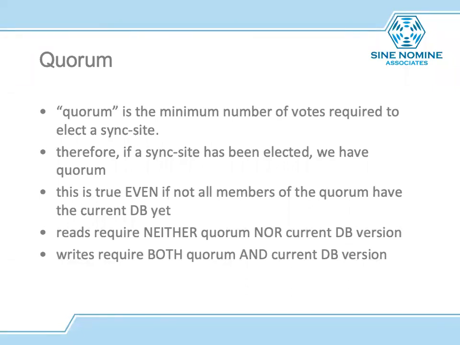Okay. Once the sync site is elected, we have quorum, and this is true independent of whether all the members have a current database yet. So we have been talking so far about how elections are maintained and what the meaning of an election is, and how that is coordinated by the sync site in the beacon thread.